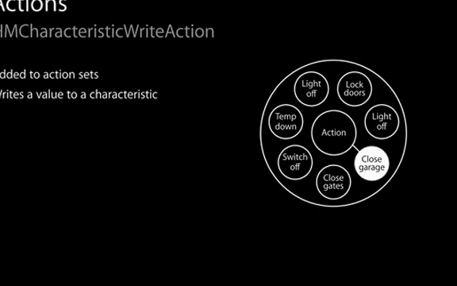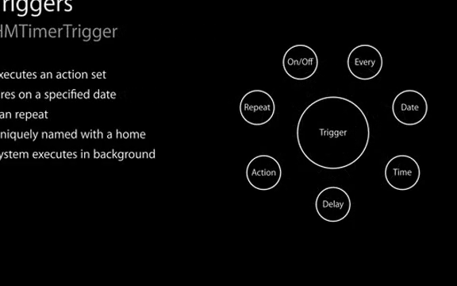We also have triggers. So triggers are HMTimerTrigger. A timer trigger is set up to fire at a specific date and time. They can repeat. They are uniquely named within a home, but they are not interacted with through spoken commands.